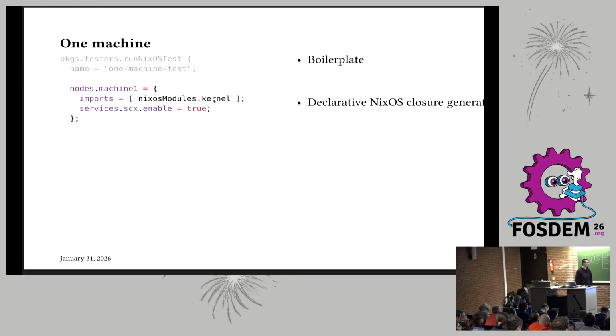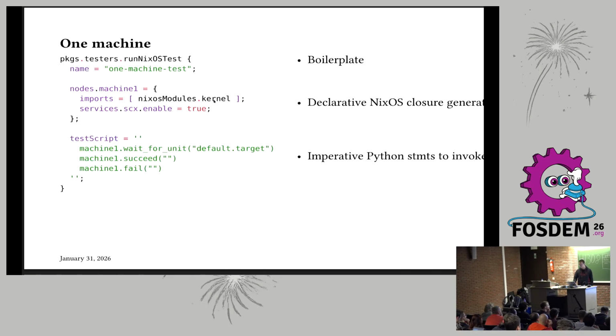So here in this example, you're seeing SAX, the eBPF-based external scheduler. And with just this one line, you can have that in the machine. And down here is a block of imperative Python statements you can invoke. So this will be run in the non-interactive mode of the testing. And this can also be invoked manually in the interactive mode.